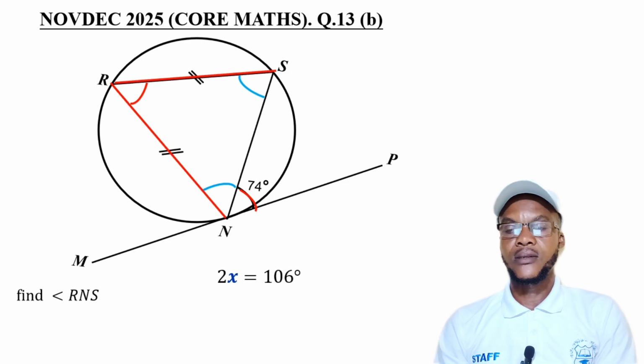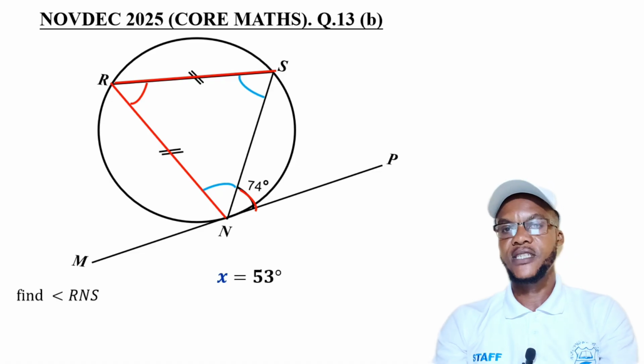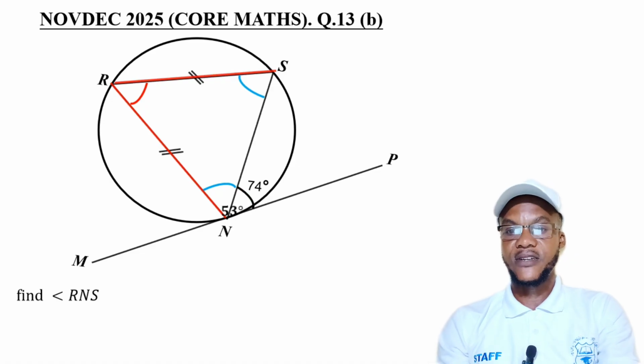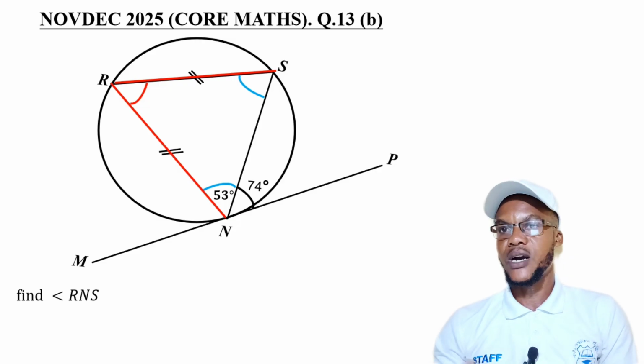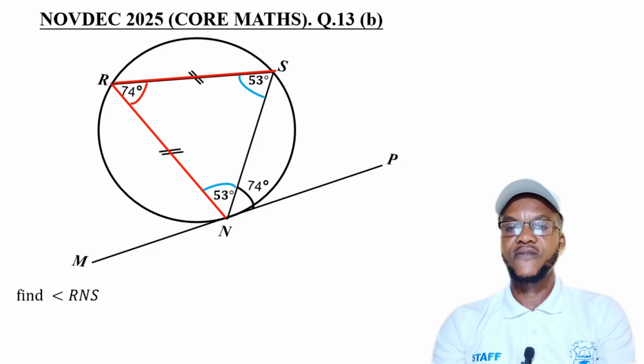We divide both sides by 2, and we get x as 53 degrees. So the angle there is 53 degrees. Very easy. When you have questions like this, it's very simple. If this angle is 53, then that one is also 53.